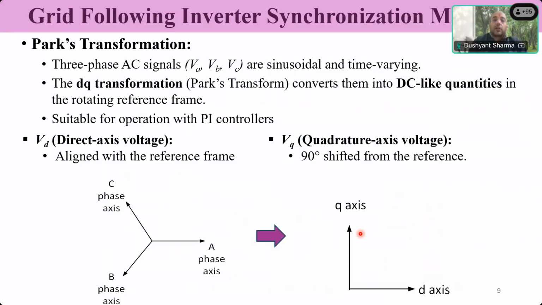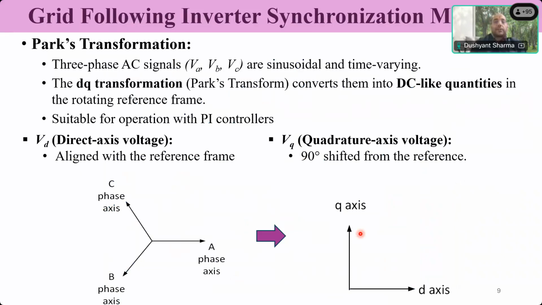If I say no, we control the peak, that is also fine. If you control the peak, automatically RMS is controlled. Or if you control the RMS, the peak is automatically controlled. So these are just mathematical manipulations, and mathematical manipulation is in our hand.